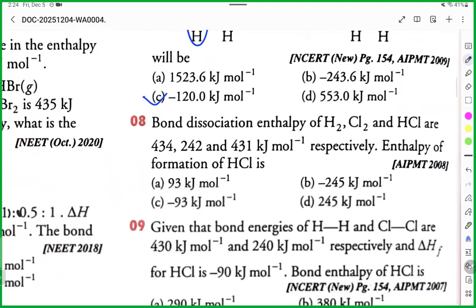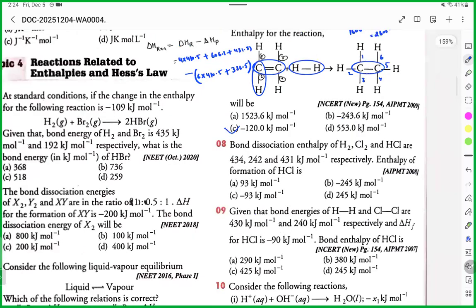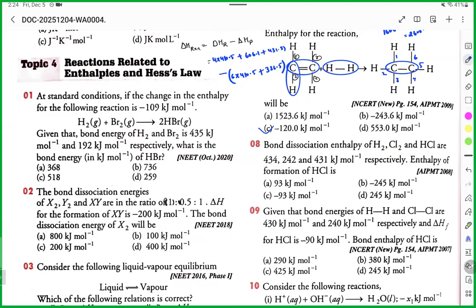Bond of H2, Cl2 and HCl. Same thing. The 2008 question and the 2020 question are exactly the same. फिर पहले रिएक्शन बनानी है H2 plus Cl2 minus 2HCl. This is the last question of the video. Even the next question is like this.